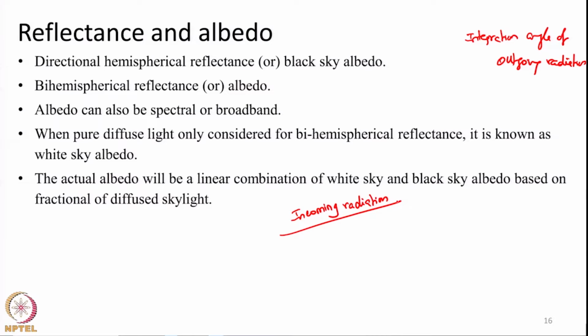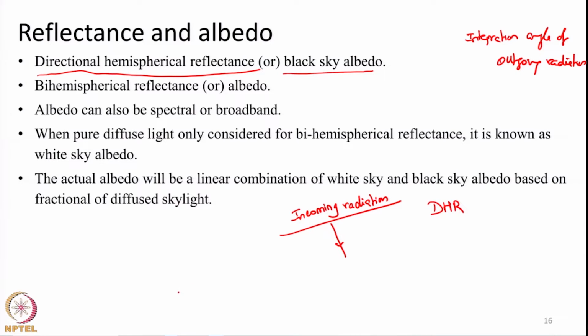How the incoming radiation is integrated is again going to classify this albedo further. The first thing we talk about is what is known as black sky albedo, or the directional hemispherical reflectance, DHR in short. What is this?